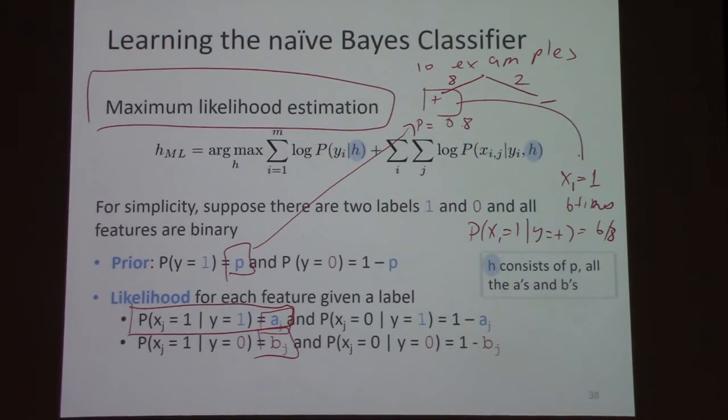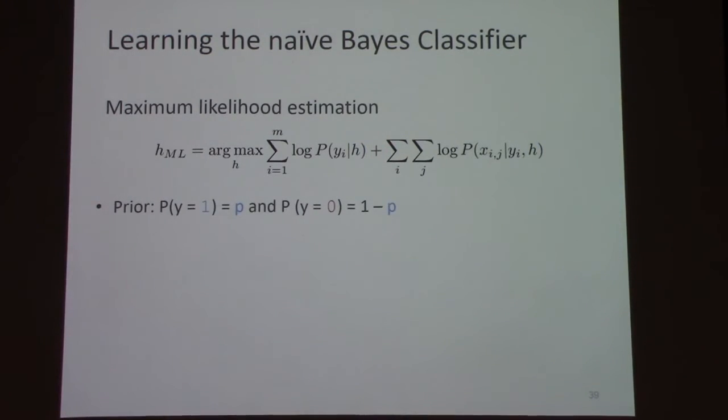How do we learn? In order to get that working, we need to do a little bit of notational gymnastics. Let's first only worry about the prior. Let's say we want to learn the prior.